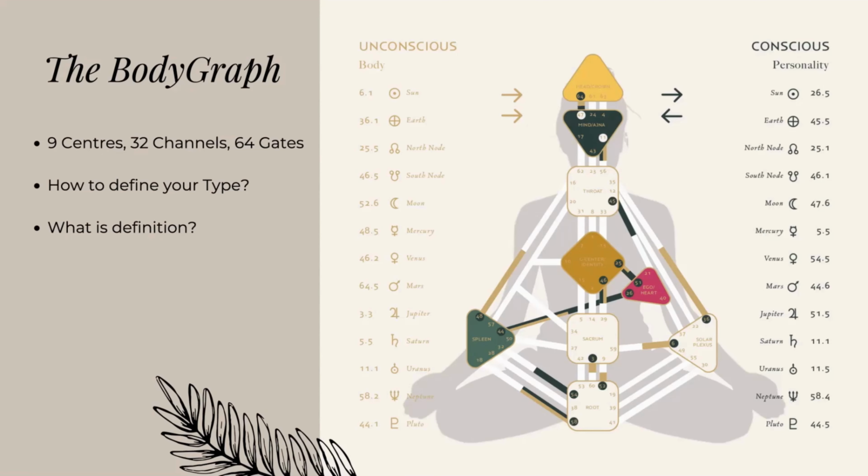So it works like this: let's say the sun at the time of your birth is in gate number 26, which is in the heart. This is your conscious potential. Your unconscious potential, which describes your body, is on the left-hand side, all these yellowish colors.